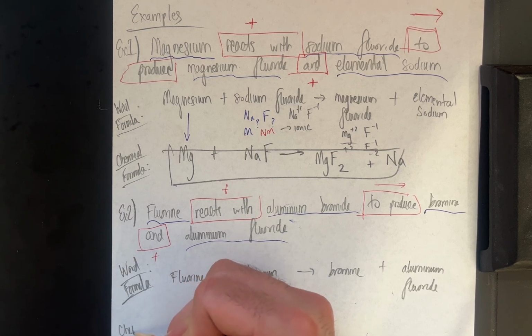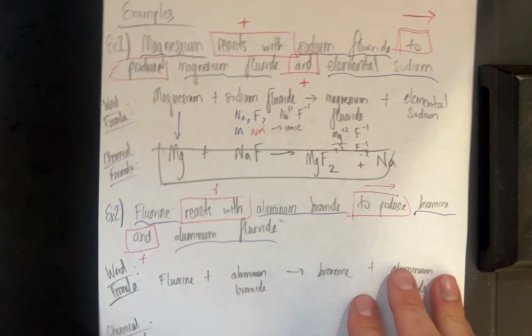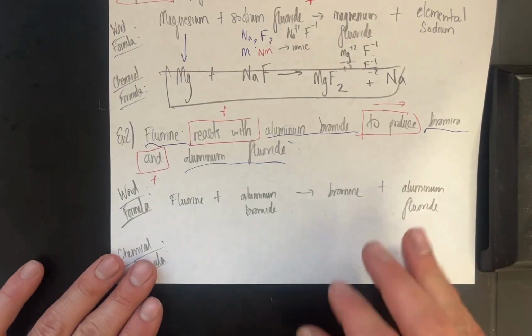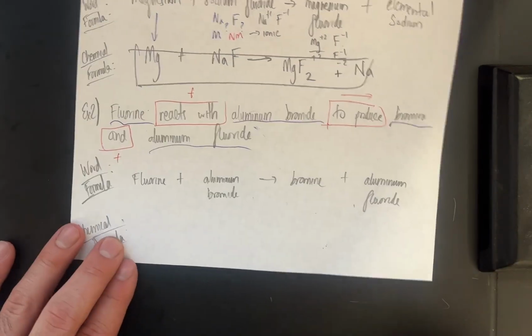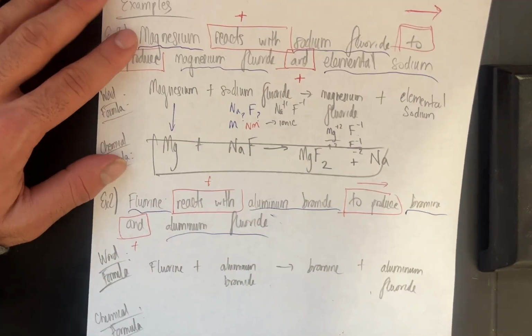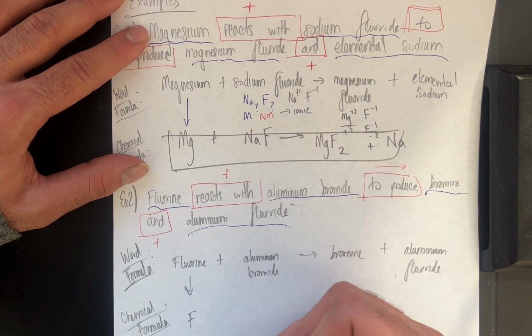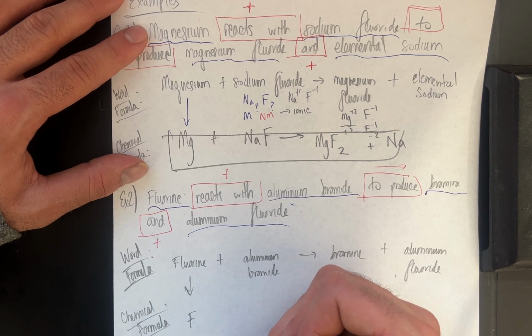Right, and so that's our word formula. Now to turn into a chemical formula, what you're going to do is you're going to turn each of these into its symbols, right? And so fluorine turns into F. Now, one thing though to note with fluorine, it's actually going to be F2, which I'll explain in a second.